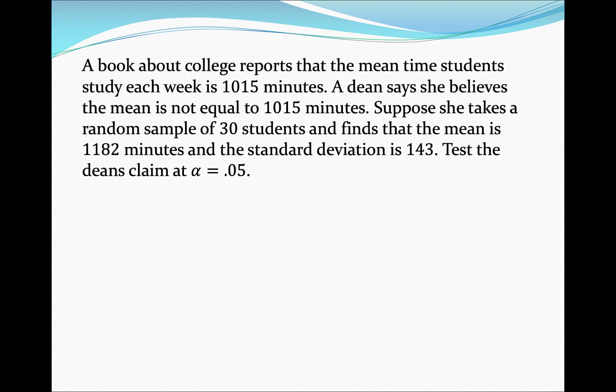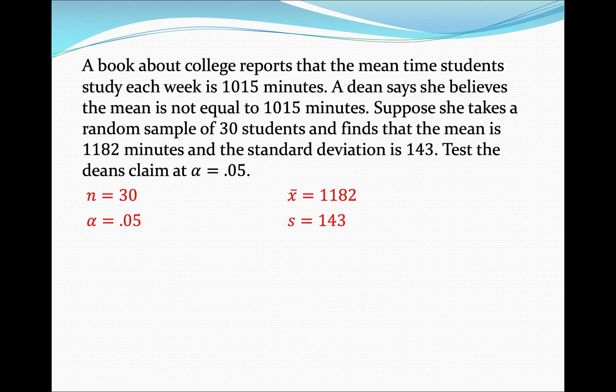A dean says she believes the mean is not equal to 1,015 minutes. Suppose she takes a random sample of 30 students and finds that the mean is 1182. Standard deviation is 143. So since this is found from the sample, this is the sample mean, sample standard deviation. We're going to test the dean's claim at alpha equals 0.05.